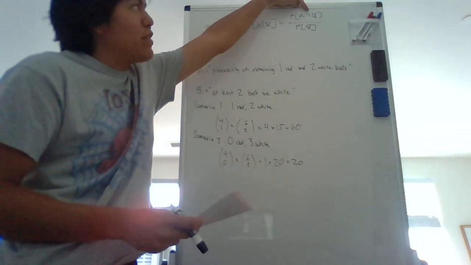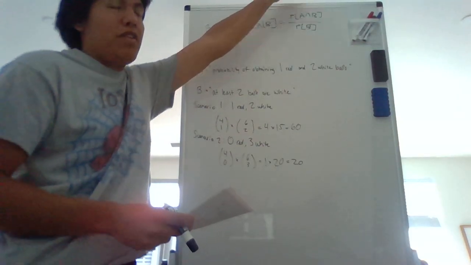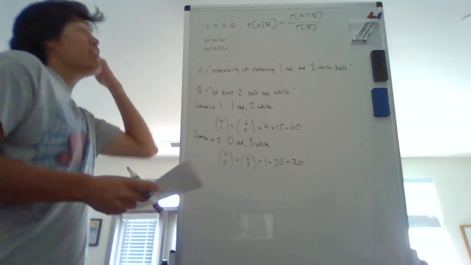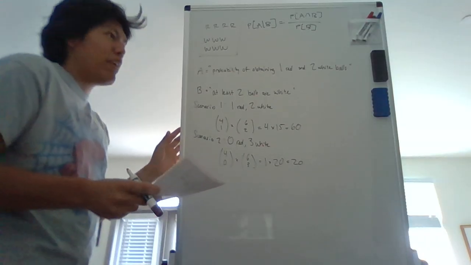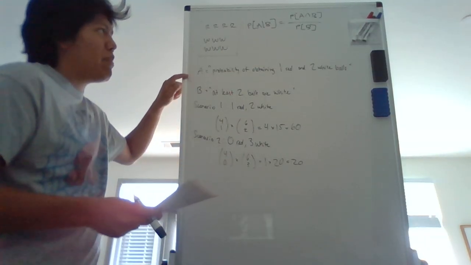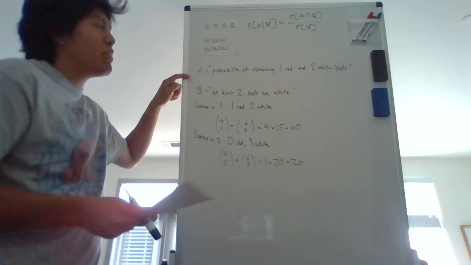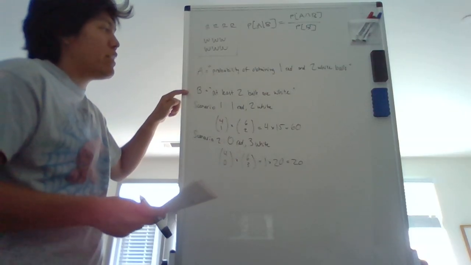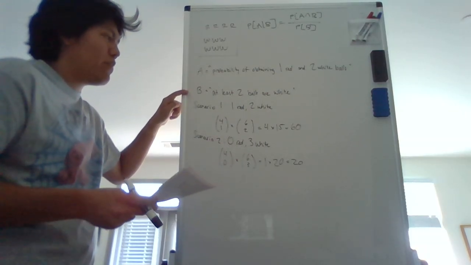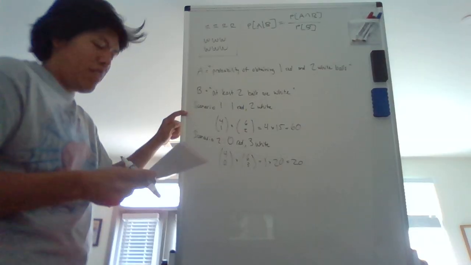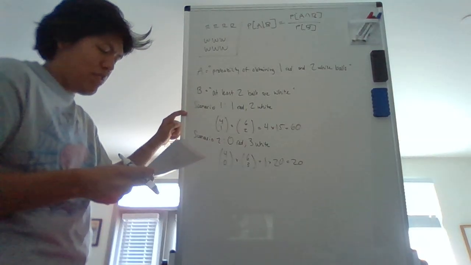Now what we want to find is the probability of A intersect B. Remember, if we read that to ourselves, what is the probability of obtaining 1 red ball and 2 white balls, and at least 2 of them are white? Well, that would just be this scenario right here.